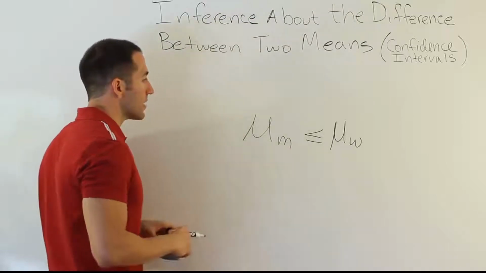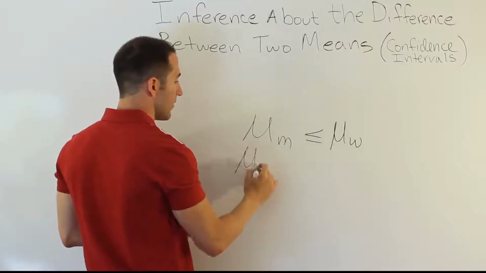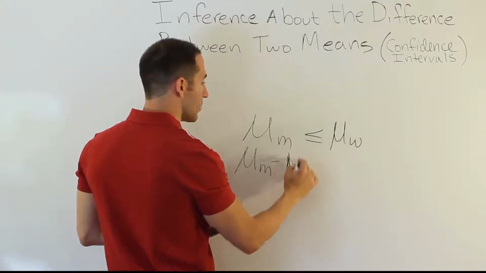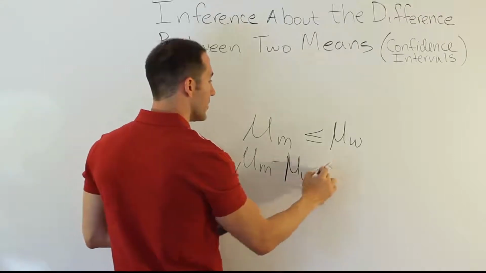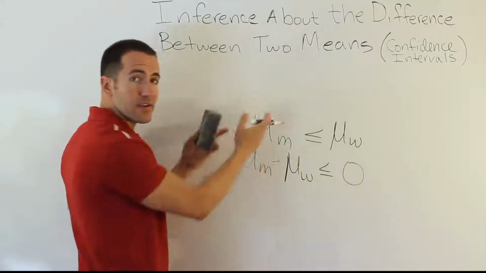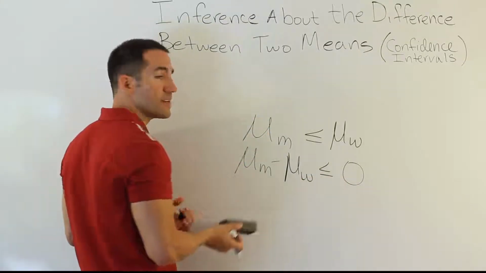I could also do something like this. I could move this guy over and say that the mean for men minus, right? If I move this over, it becomes negative, so that's why I put the minus. The mean for women is less than or equal to 0. So I have a statement that's equivalent here to the statement above. But you can imagine if I wanted to specify a specific difference, right?